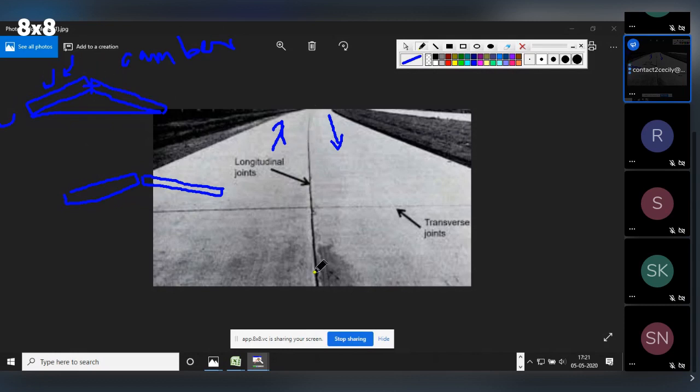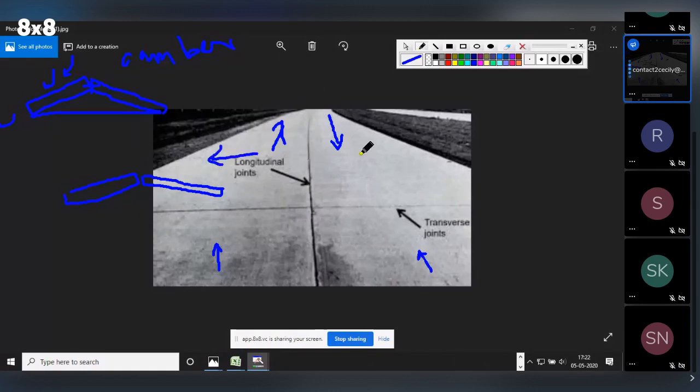This slab I am seeing from this direction, and this slab I am seeing from this cross sectional direction. So this gap or this joint you are seeing is this one. This is your longitudinal joint. If traffic keeps on moving, the slabs have a tendency to move apart from each other.